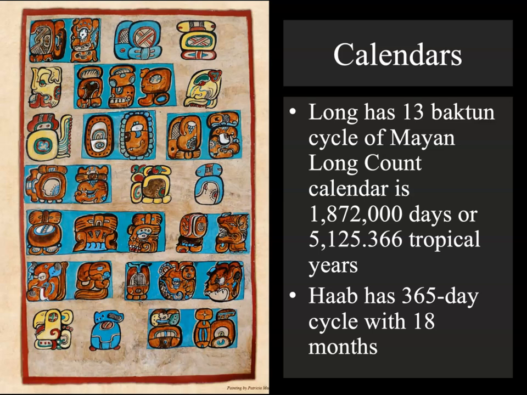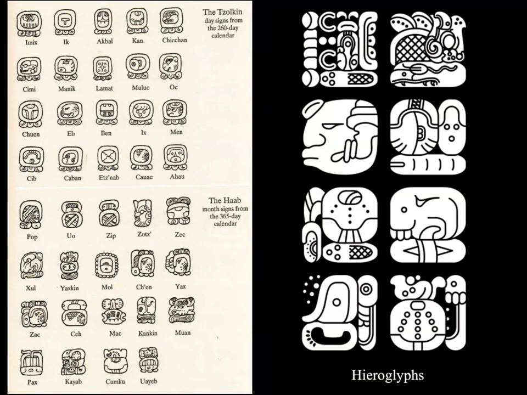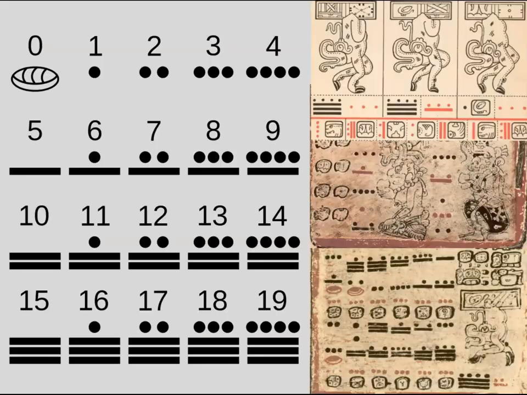And all of this was also built on hieroglyphs, and I'm going to show you that next. These are all the hieroglyphs for the different months on the Mayan calendar. Hieroglyphs were their main form of language. We do have some surviving Mayan books, which I'm going to talk about briefly.